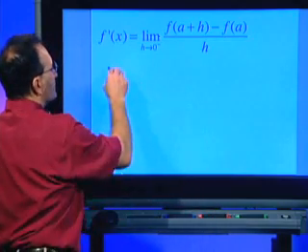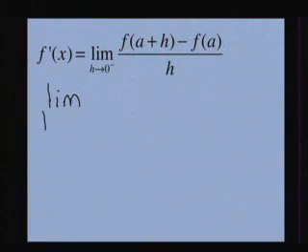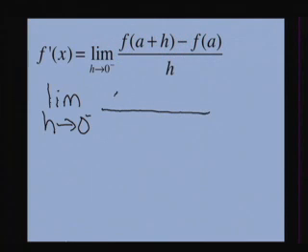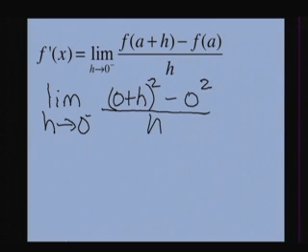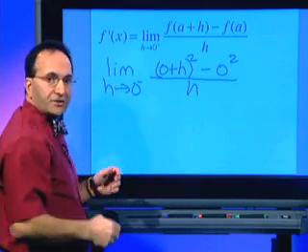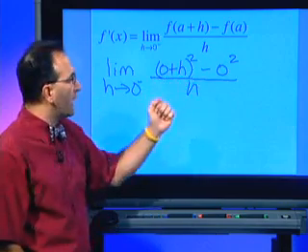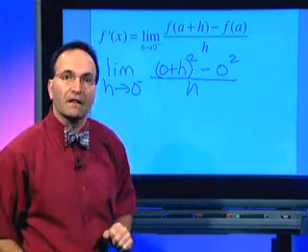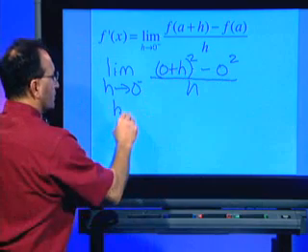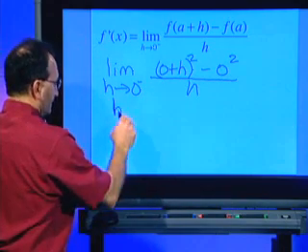So we have the limit as h goes to 0 from the negative side of (0 plus h) squared minus 0 squared all over h. Of course, 0 plus h is h, and then we square it, so we get h squared. That's just 0.